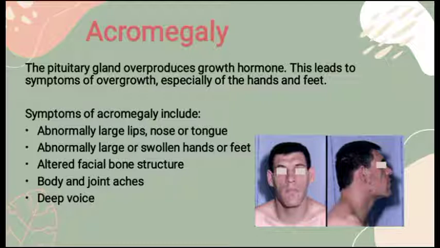Symptoms of acromegaly include abnormally large lips, nose, or tongue, abnormally large or swollen hands or feet, altered facial bone structure, body and joint aches, deep voice, fatigue and weakness, headaches, overgrowth of bone and cartilage and thickening of the skin, sexual dysfunction including decreased libido, sleep apnea, and the last one is vision impairment.